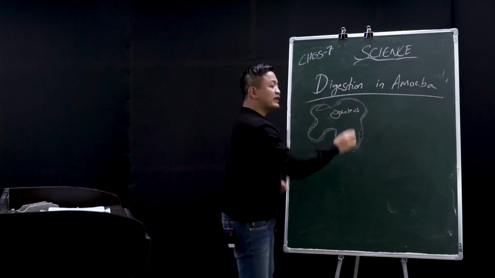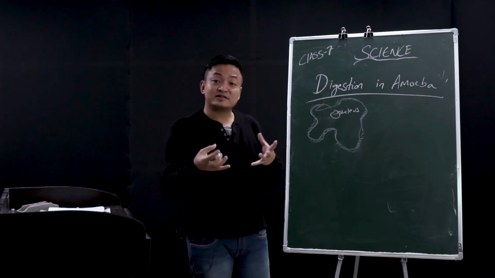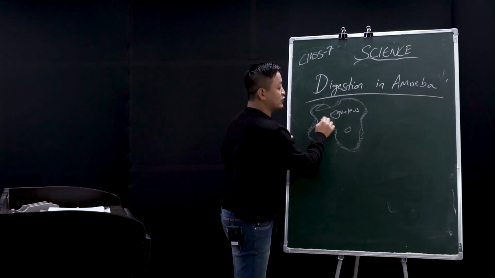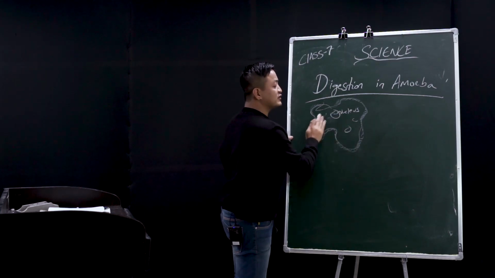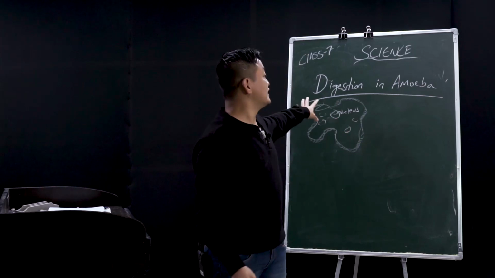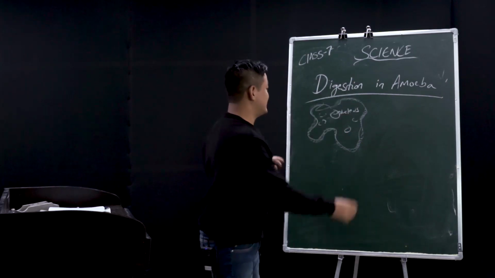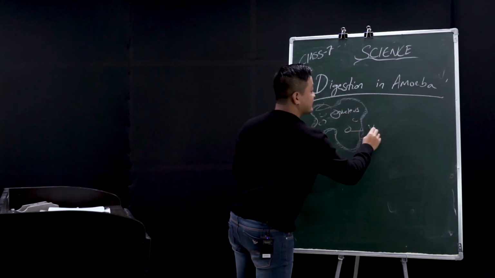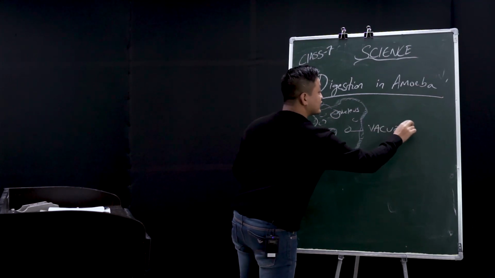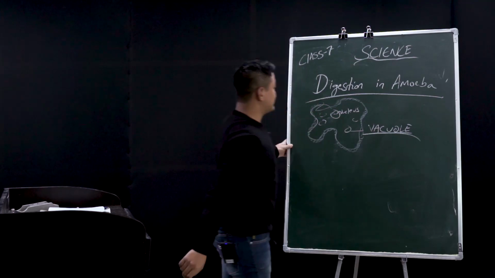And then they have many bubble-like structures, so that will be a vacuole. This vacuole is very important because through it the digestion in amoeba takes place. Let's say this is the vacuole, V-A-C-U-O-L-E. Clear?